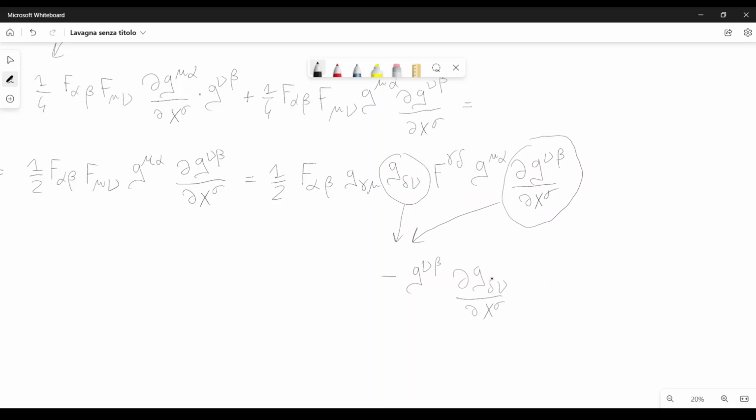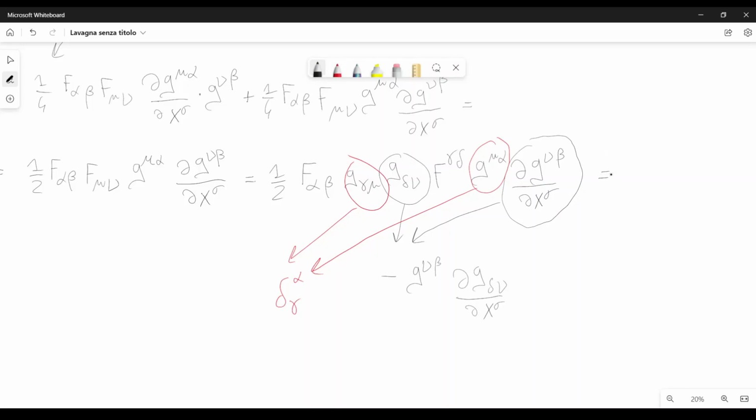And also we can put G gamma mu here together with G mu alpha, and when we multiply these two together we get the Kronecker delta alpha gamma, right?